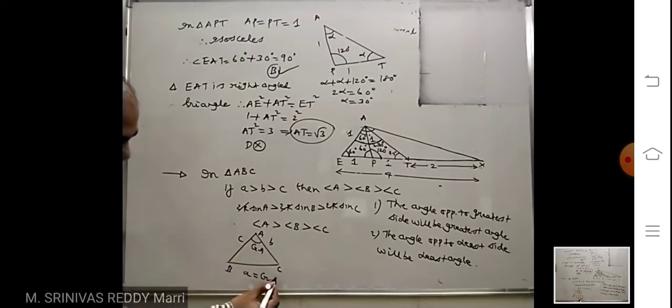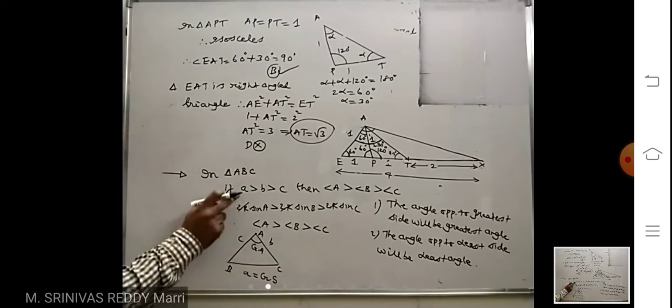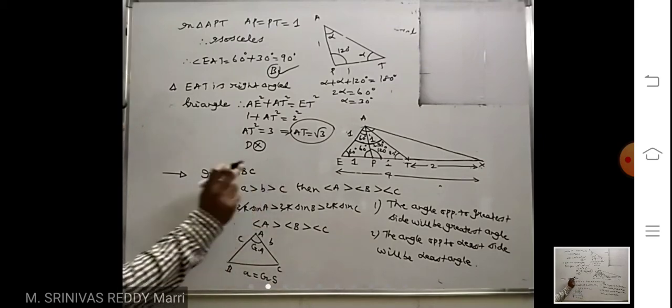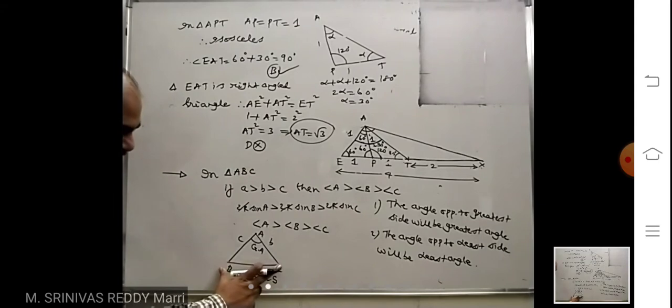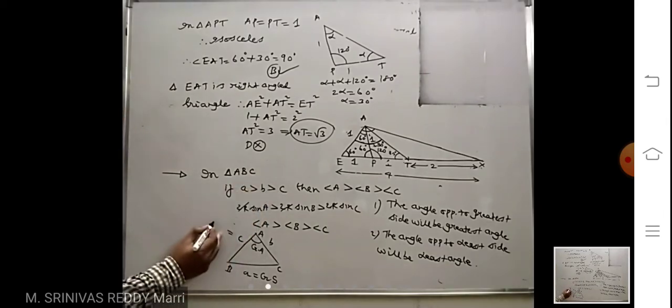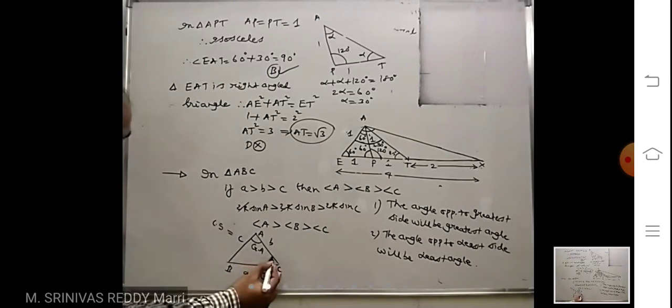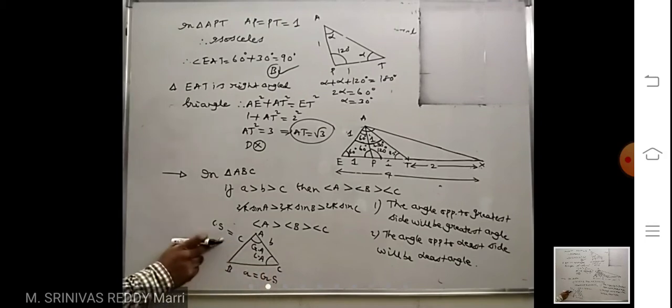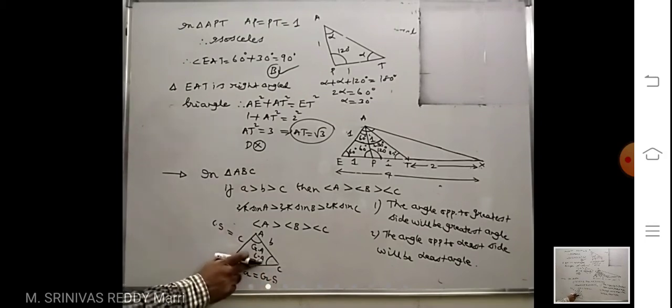Given A greater than B greater than C, A is the greatest side, length will be more. Opposite to that, the greatest angle is angle A. Next, the least side is C. LS means least side. Opposite to that means least angle. So as C is the least side, the least angle is this. As A is the greatest side, the greatest angle is this.